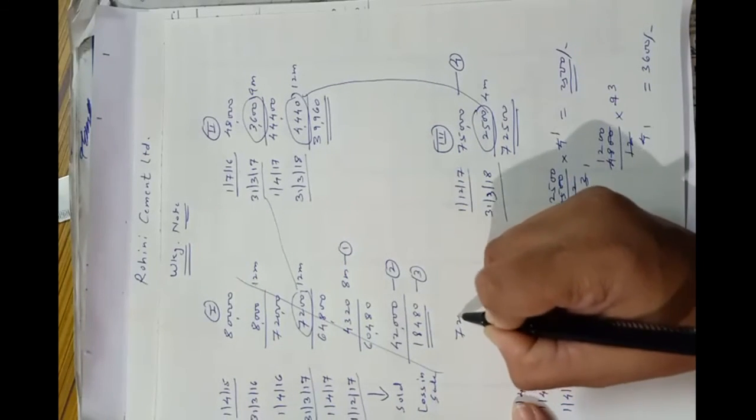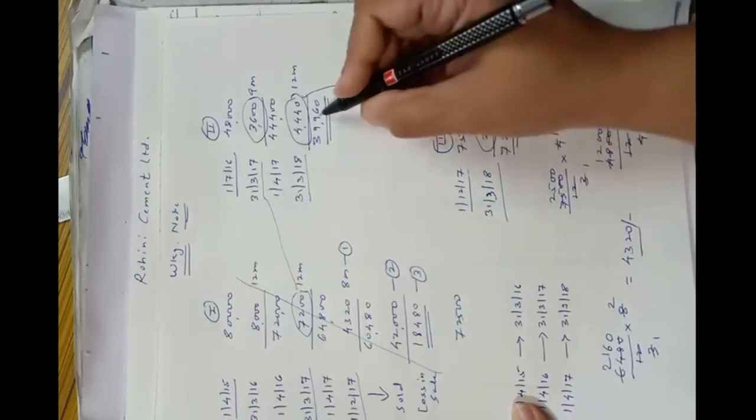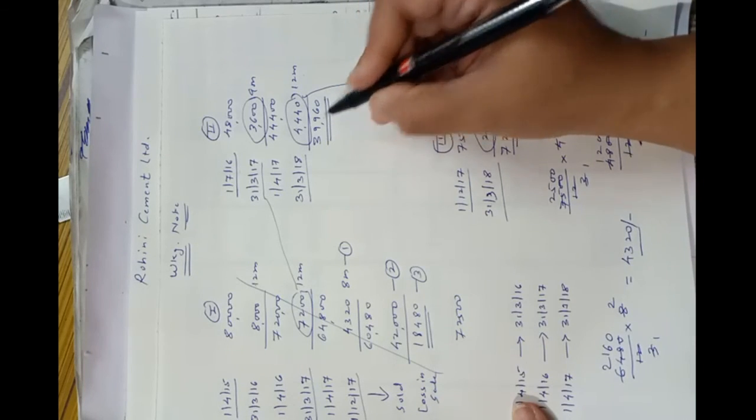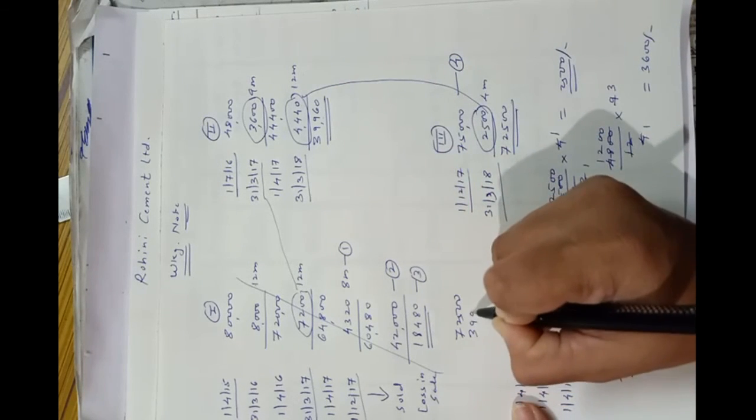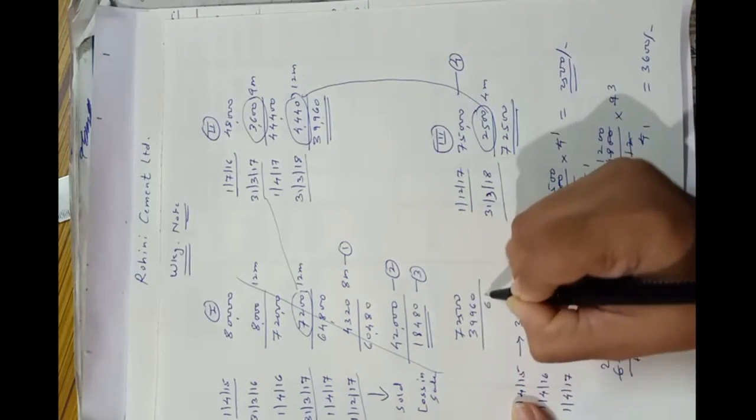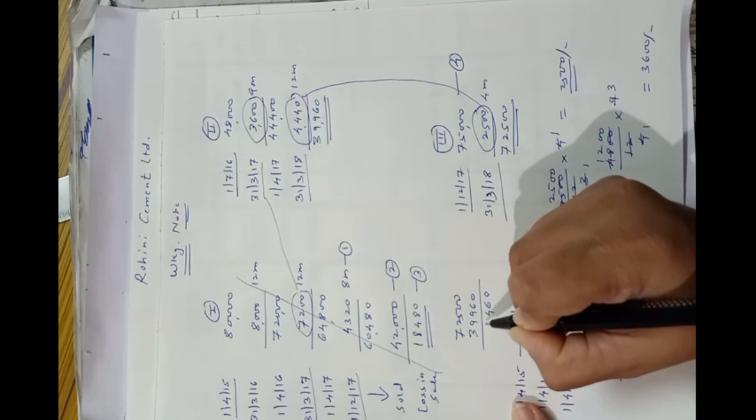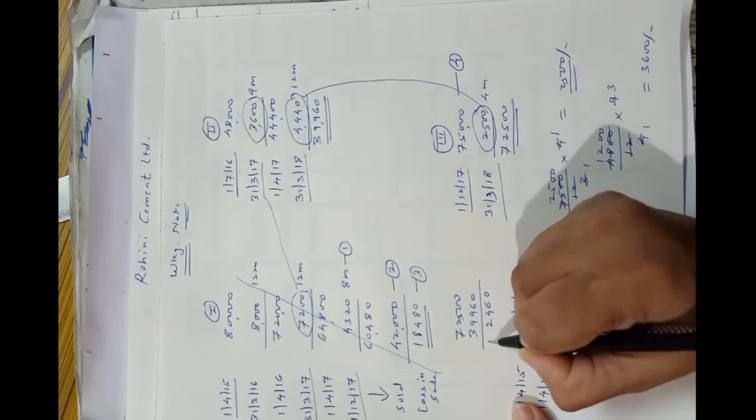This balance will be the addition of these two amounts: 72,500 plus written down value of second machinery 39,960, that is 1,12,460. This is our balance.